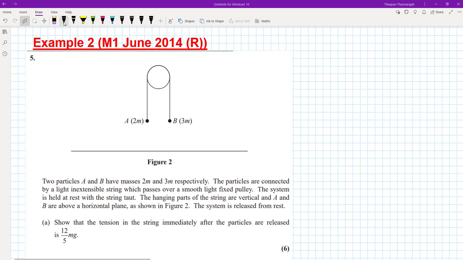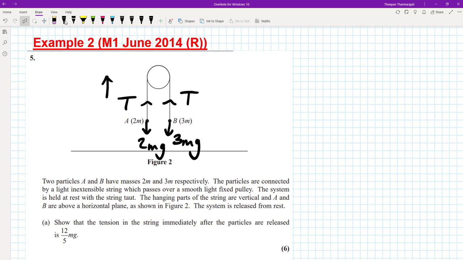So the first thing we ought to do is to draw all our forces. So we've got the weight coming down, 2mg, and weight coming down from this particle, 3mg. We've got our tensions for each particle respectively. We need to include the acceleration.